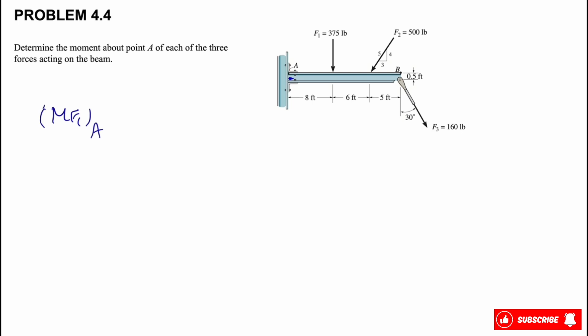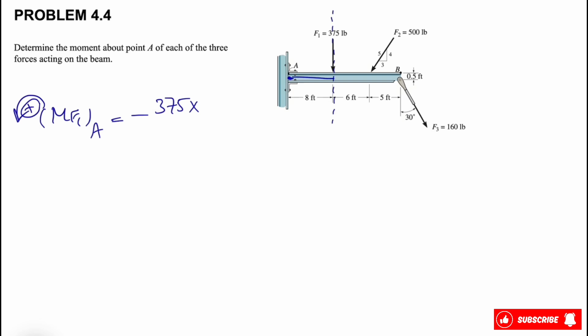As always, we're going to call counterclockwise positive, and for the force that we have, we'll see that the moment will be clockwise, as this is the direction. So we have a negative sign, 375 times the vertical distance from point A to the line of action of the force, which is this line that I'm showing in here.